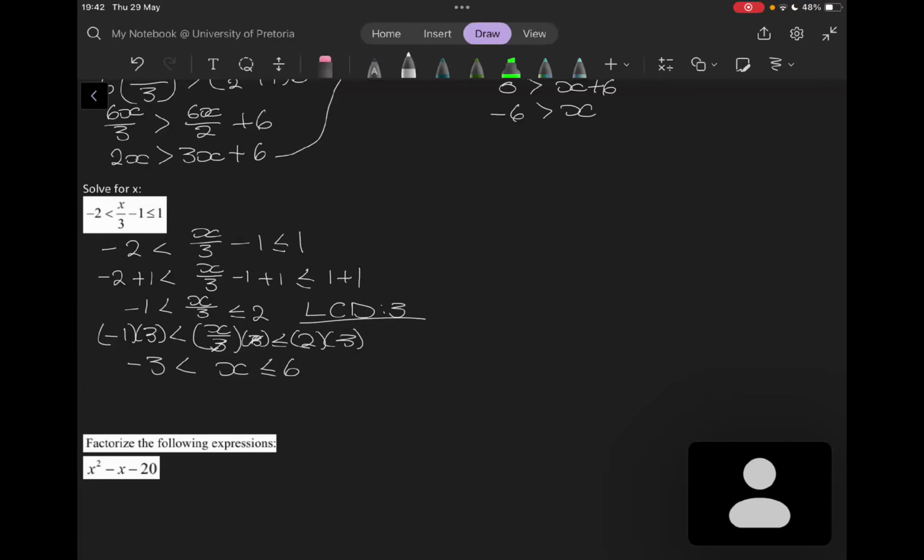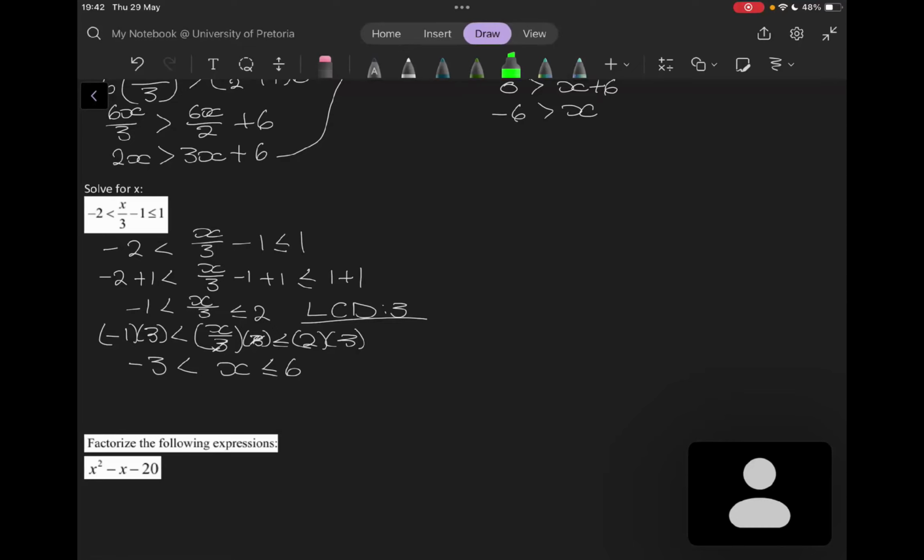Right, so what we did is when solving for x, we have to isolate it. And in isolating it, we apply any and all math transformations in order to get our x by itself. In this case, we started by adding 1 to each and every side of the inequality to end up with this over here.